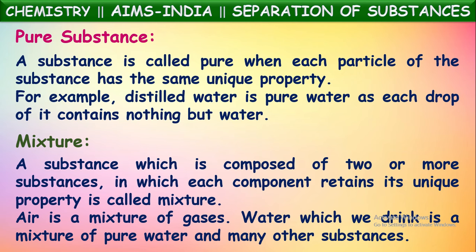These are present in the water which we drink, and only then is it suitable for drinking. So this water is called potable water. Potable water is not a pure substance chemically. It is a mixture of some other substances along with water. These all come under mixtures.